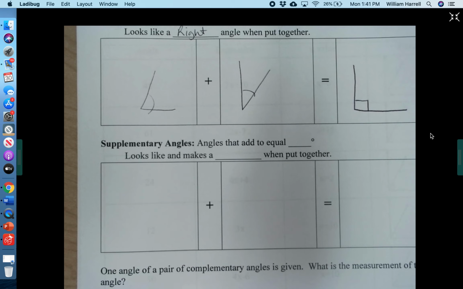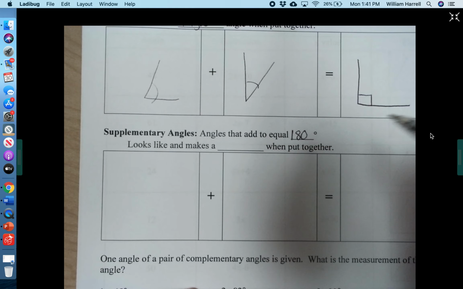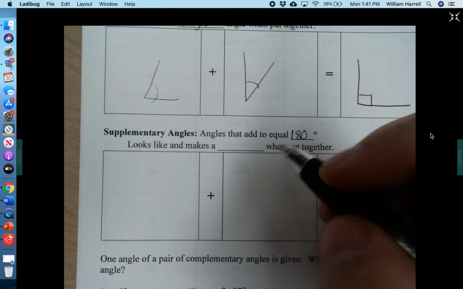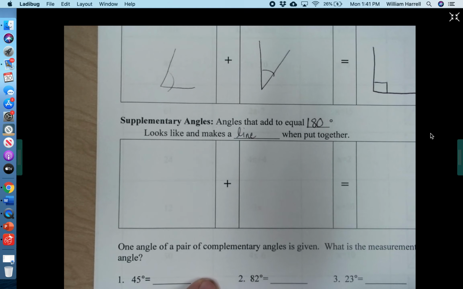Now, supplementary angles are two angles that add to equal 180 degrees, and it just looks like a line, okay, when you put them together.